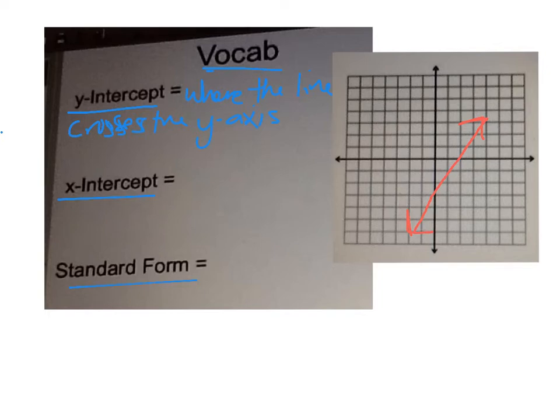Okay, now looking at the graph over here, remember the x goes left to right and the y goes up and down. Using slope-intercept form, if we were looking for the y-intercept, which was represented by the b, it would be at this point right here. But in that particular form, the b represented the y-intercept, simply where it crossed the y-axis, and that was just one value plugged into the b spot.